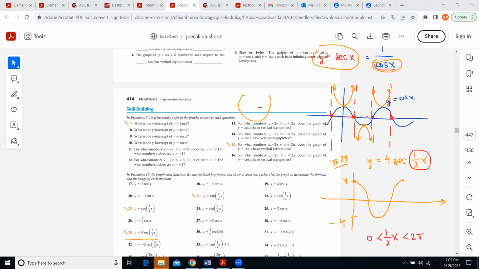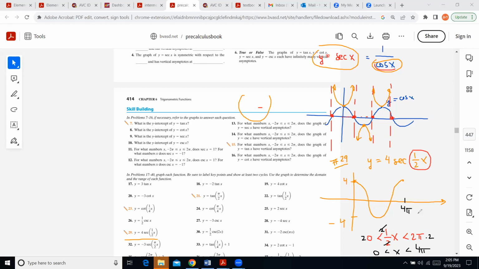And it's always like that, same plan for all. So I need to multiply by 2 everywhere, because this way I'm not going to have a denominator. I'm just going to have x isolated in between 0 and 4 pi.